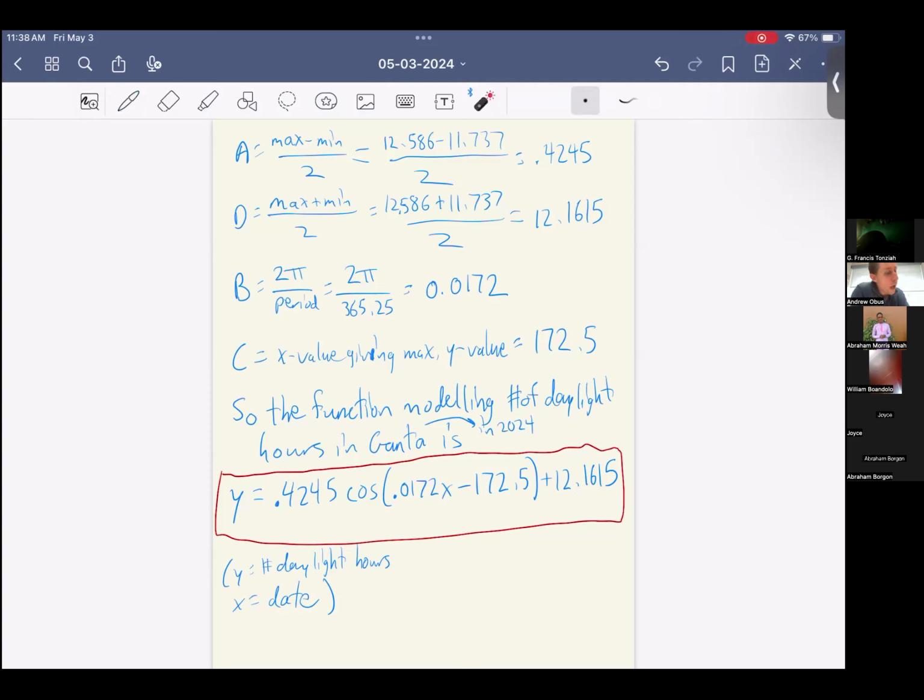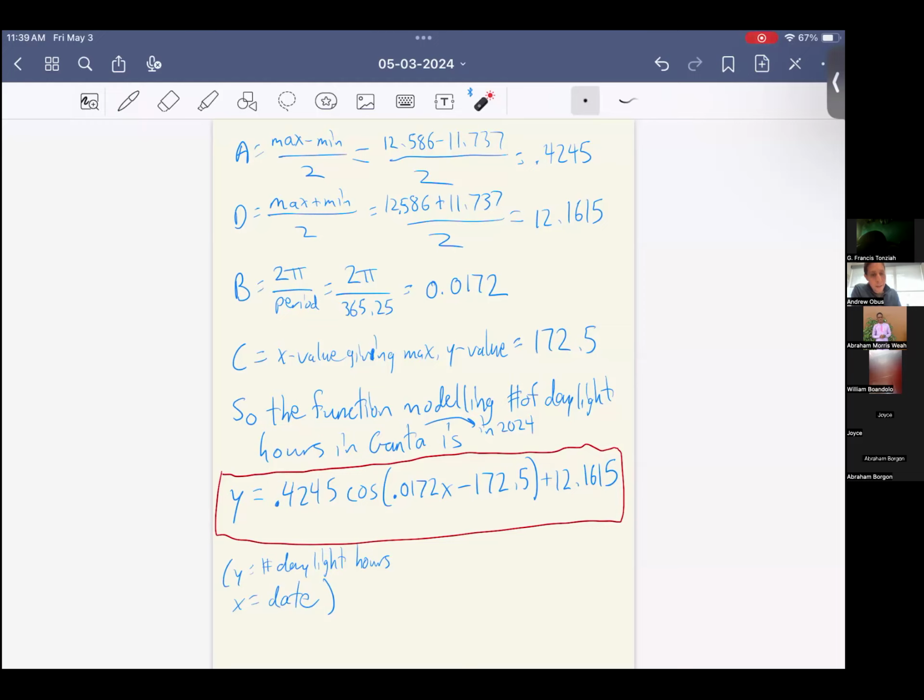We take only a few data points, just the maximum and the min, and when is the minimum achieved, and we can come up with a function that gives us a very good approximation to what the number of daylight hours is in Ganta on any given day. So the last thing I want to do today is just graph this so that we can see what this looks like on a graph.